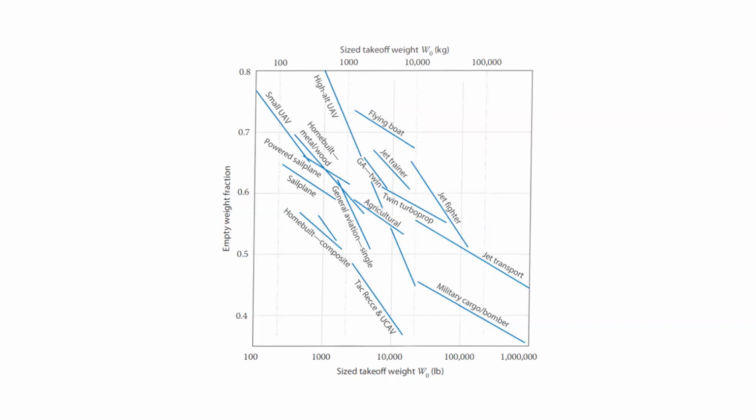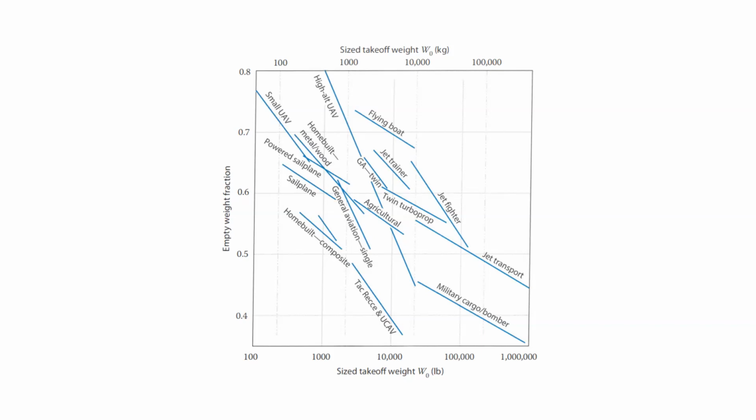But their empty weight fraction is small, really small, 30%. So the structure is very optimized and it only has 30% of the total weight. But for a small UAV, it can be as high as 70-80%. 70-80% weight of the small UAV is just the structure, empty structure, right?